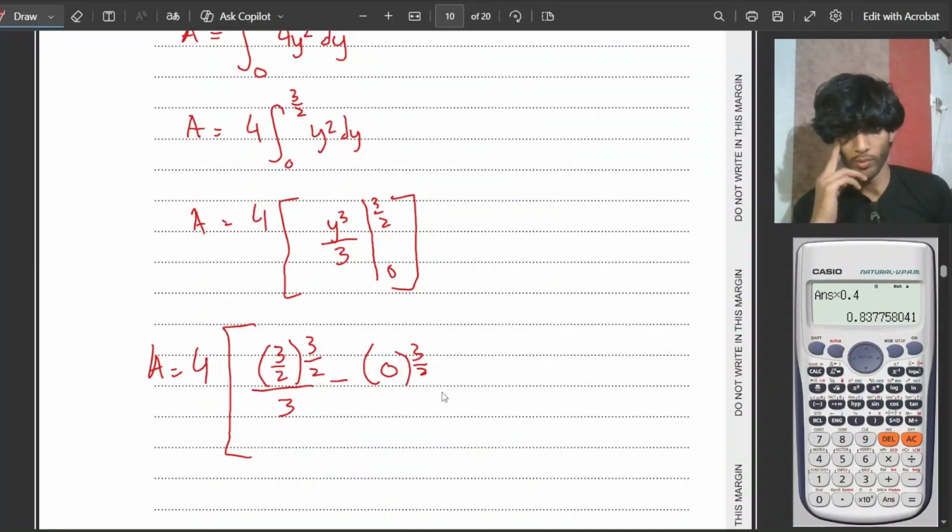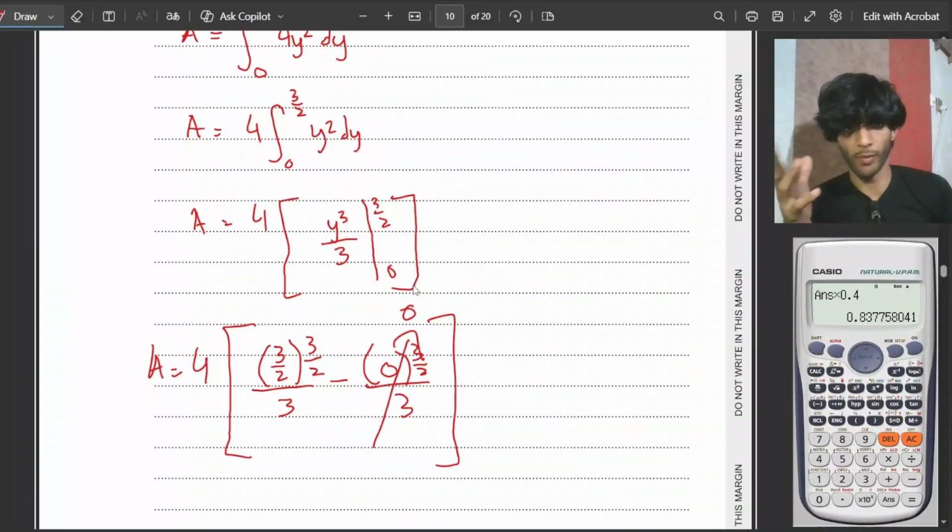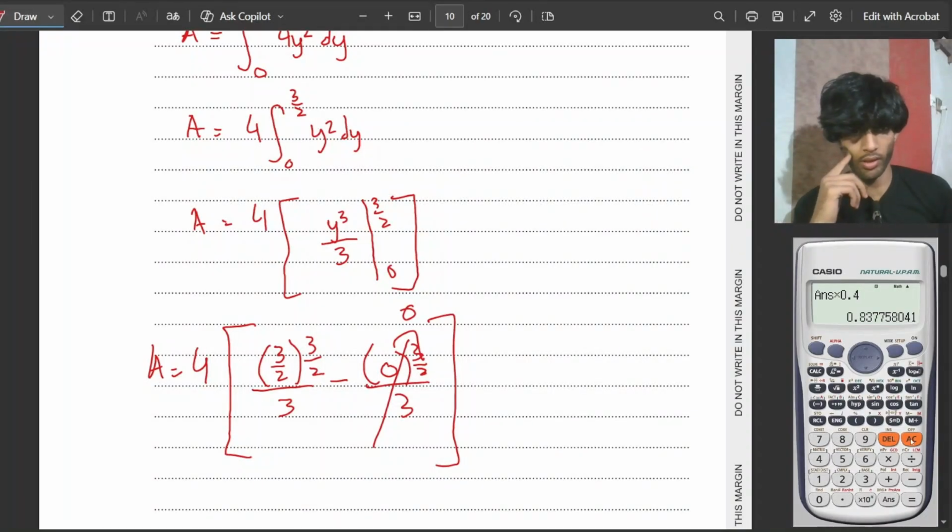Whoops, this is 3 by 2 divided by 3. All of this is going to go to 0 because the numerator has a 0. And then this part is going to be 3 divided by 2 raised to the power 3, divided by 2, and then in the denominator, I have 3. So I put equal, and I get 0.612.